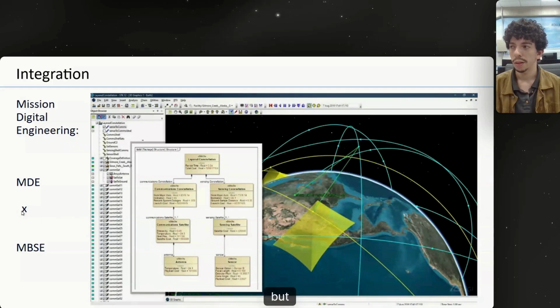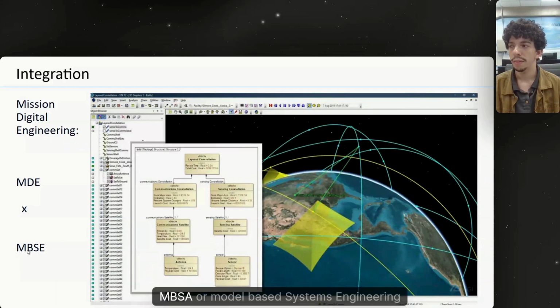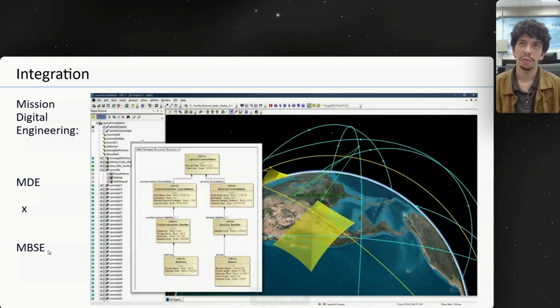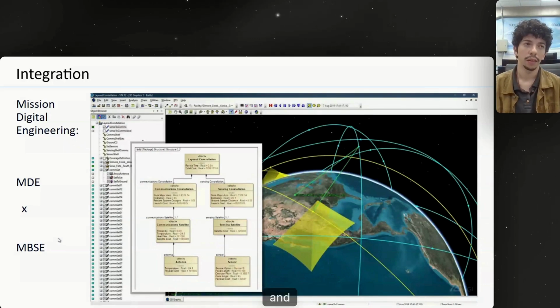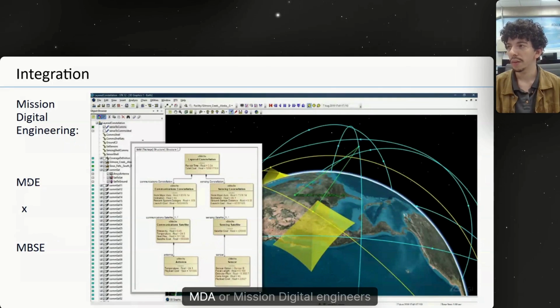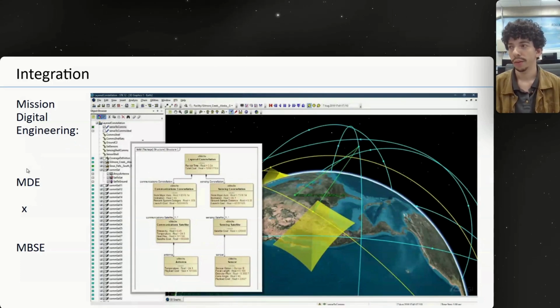But if we talk about MBSE or model-based systems engineering, we have requirements that are fixed. Basically in MBSE we have fixed requirements, very important, but in MDE or mission digital engineering our requirements are flexible.